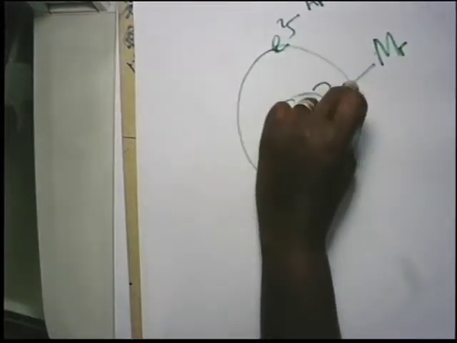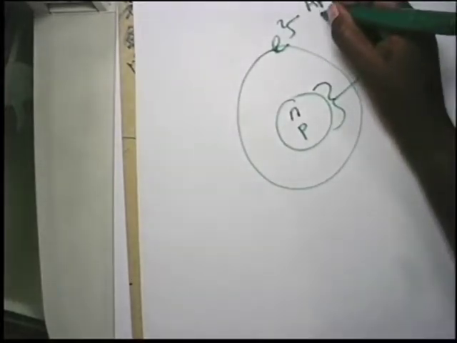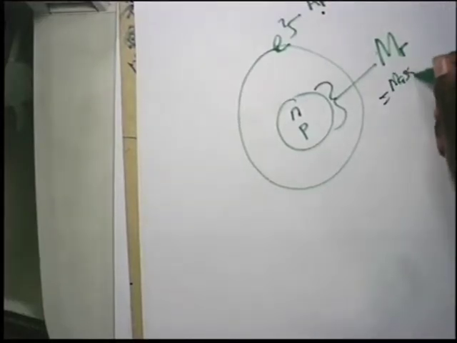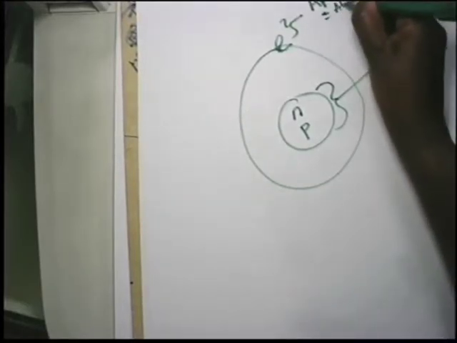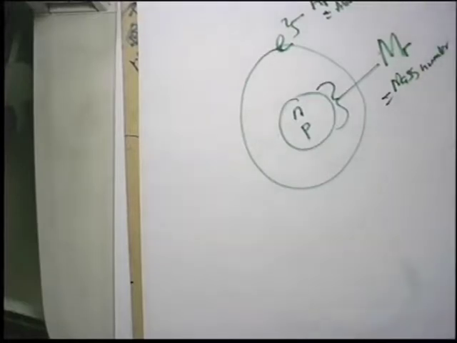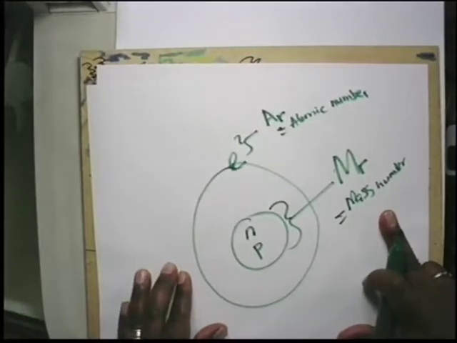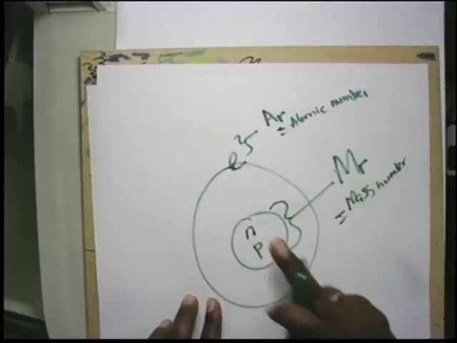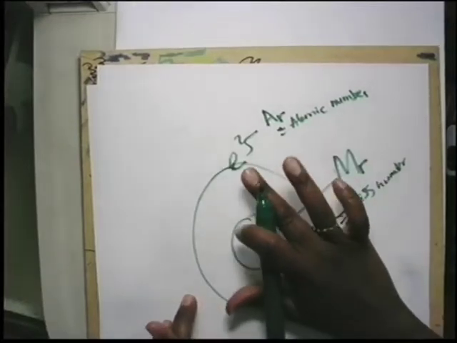Sometimes we say it's a mass number, and this is the atomic number. It means the same thing. So the molecular mass is given by the number of neutrons and the number of protons, and the relative atomic mass is equivalent to the number of electrons in that atom.